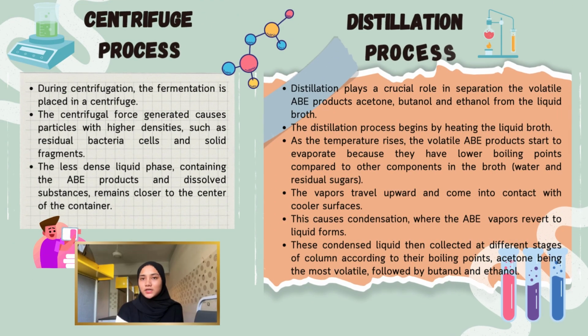During centrifugation, the fermentation broth is placed in a centrifuge and rapidly spun at high speeds. The generated centrifugal force causes denser particles such as residual bacteria cells and solid fragments to move outward. The less dense liquid phase containing the ABE products and dissolved substances remains closer to the center of the container.